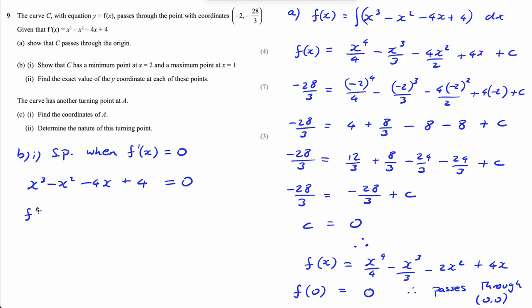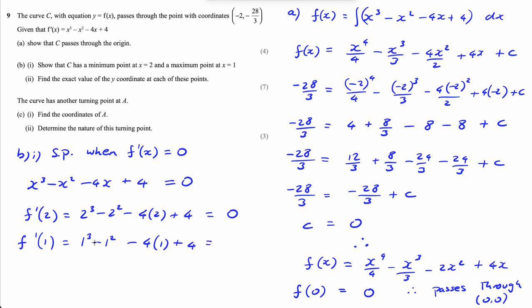f dash of 2 equals 2 cubed minus 2 squared minus 4 times 2 plus 4, which is equal to 8 minus 4 is 4, minus 8 is minus 4, plus 4 is 0. So that is 0. And f dash of 1 is 1 cubed minus 1 squared minus 4 times 1 plus 4, that is 0, minus 4 plus 4 is 0, that is also 0.